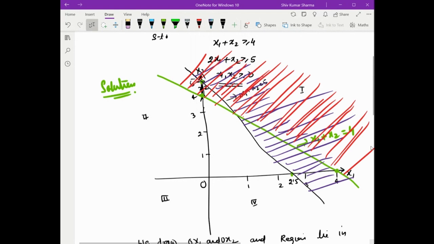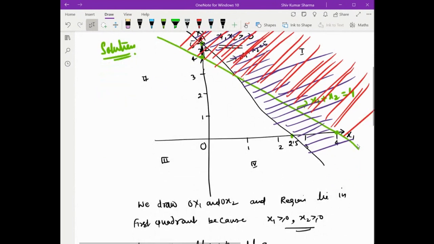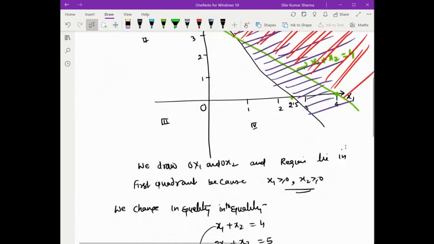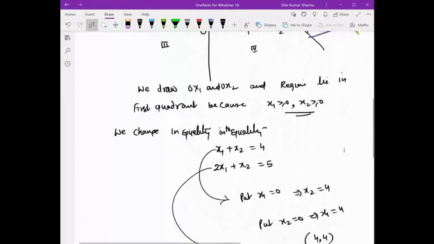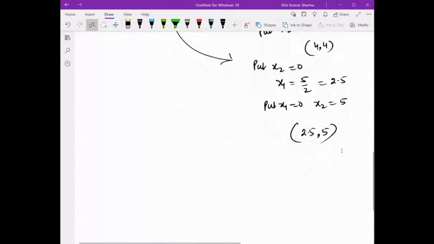Now we move further, to another step. For the objective function, what is the objective function here?